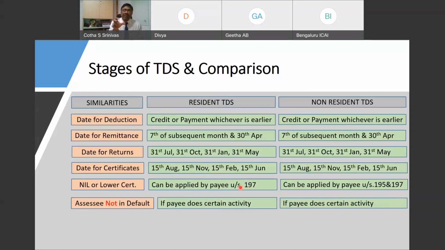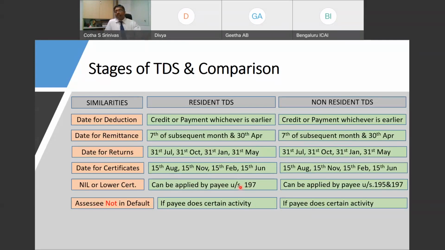When will that happen? If the deductee or the payee does certain activities. What are those activities? Whatever income has been paid by the deductor to the deductee has to be considered by the payee in his income. He has to consider that amount as his income, then pay the applicable taxes on it, and then file his return of income.